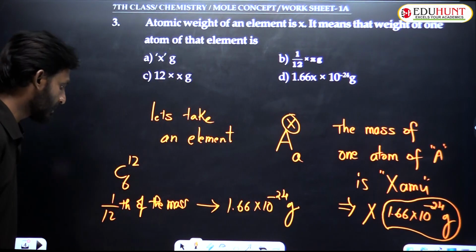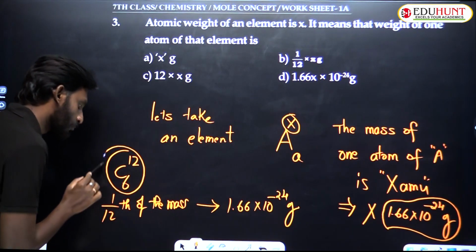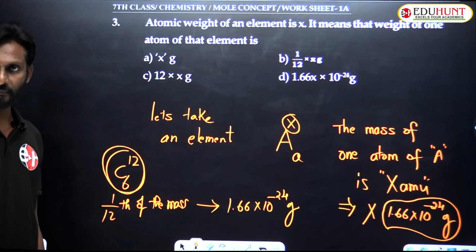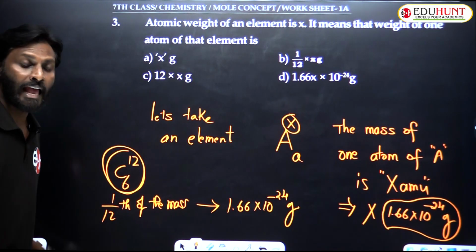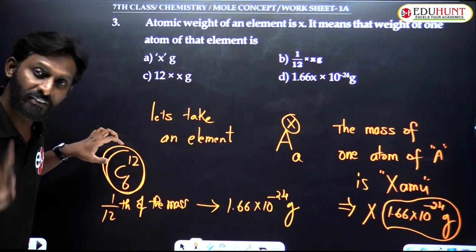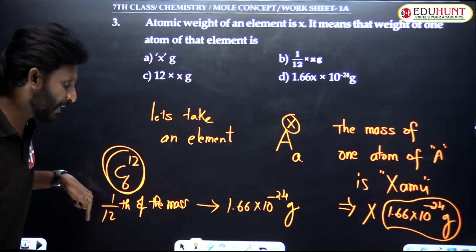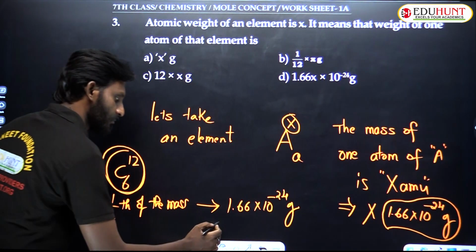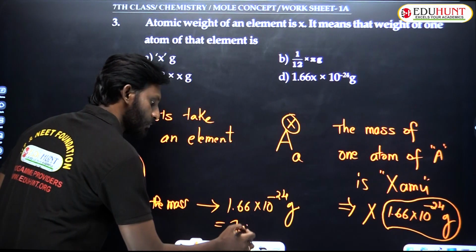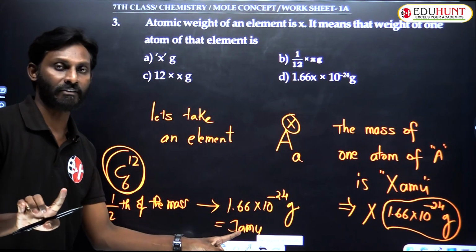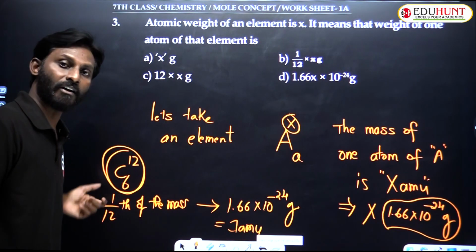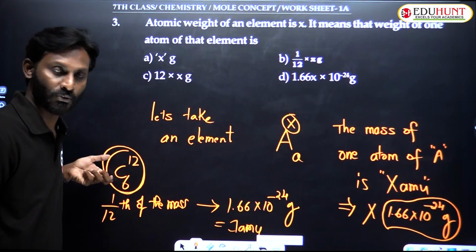So you have taken just one atom of this carbon, and in the mass of this one atom, we considered 1/12th as 1 AMU. So 1 AMU is the mass of 1/12th part of the carbon atom, the C12 isotope.